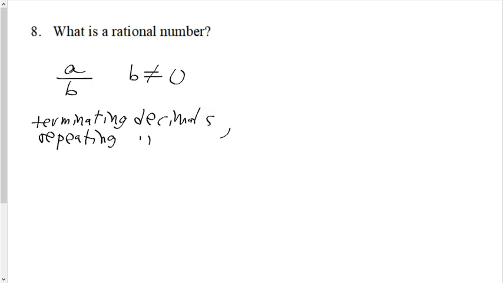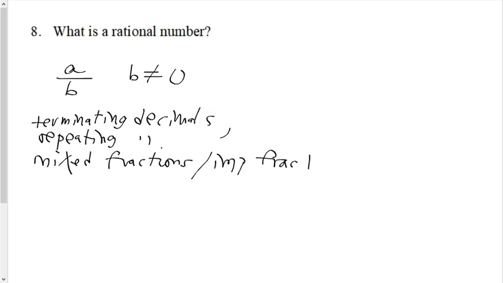They can be mixed fractions. Or they can be improper fractions. They can be whole numbers. And the last one we talked about was integers. Okay? So if you know those, you might as well write them. It's only going to take you 15 seconds to write them.